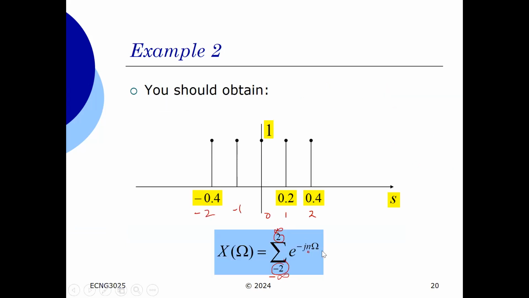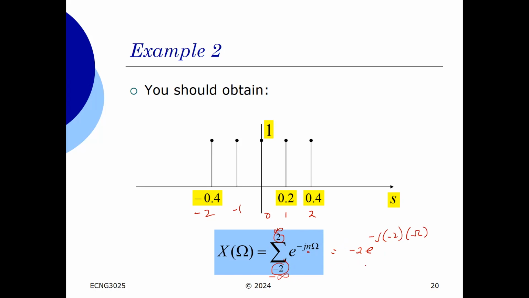Right? In other words, if I sum from minus 2, this is minus 2, e to the minus j minus 2 omega, right?